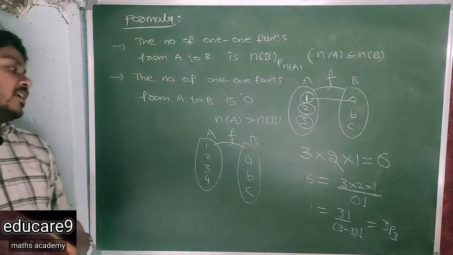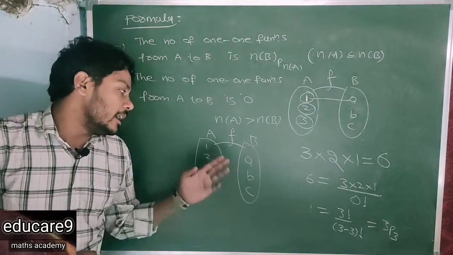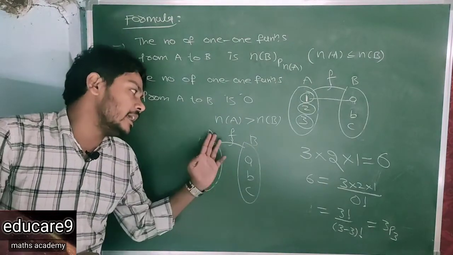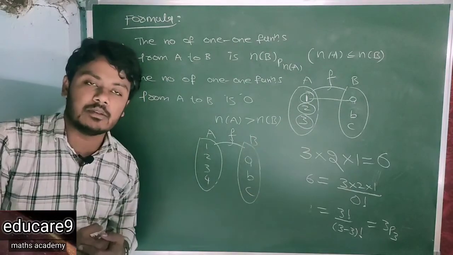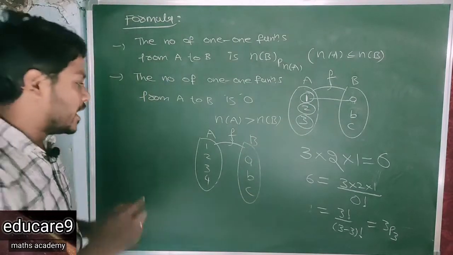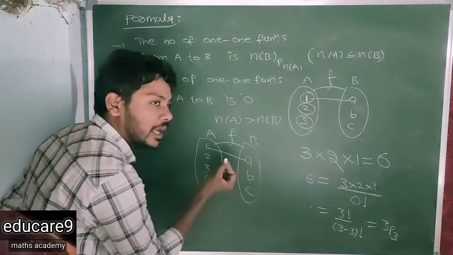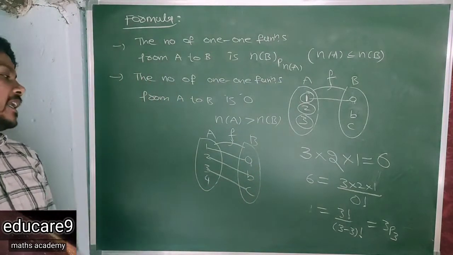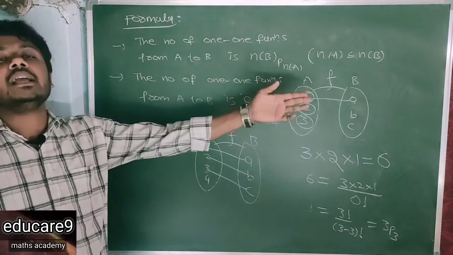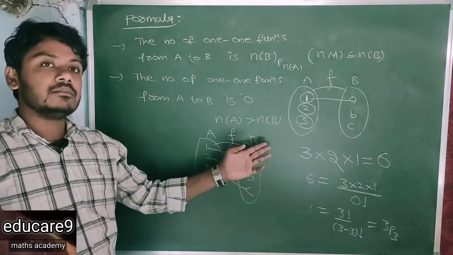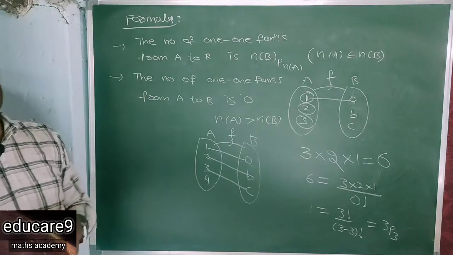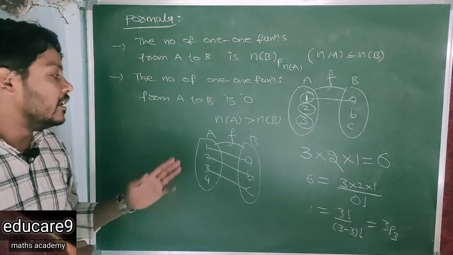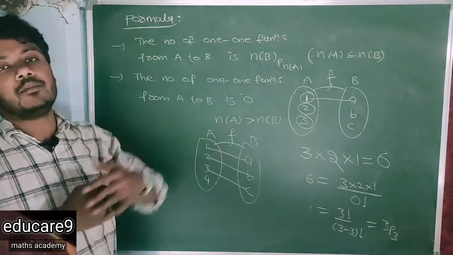So what is the one-one definition? Here different elements in A have different images in B. See here, for example, 1 is mapped to a, 2 is mapped to b and 3 is mapped to c. But here 4 does not have any image in B. But according to the definition of a one-one function, different elements in A have different images.